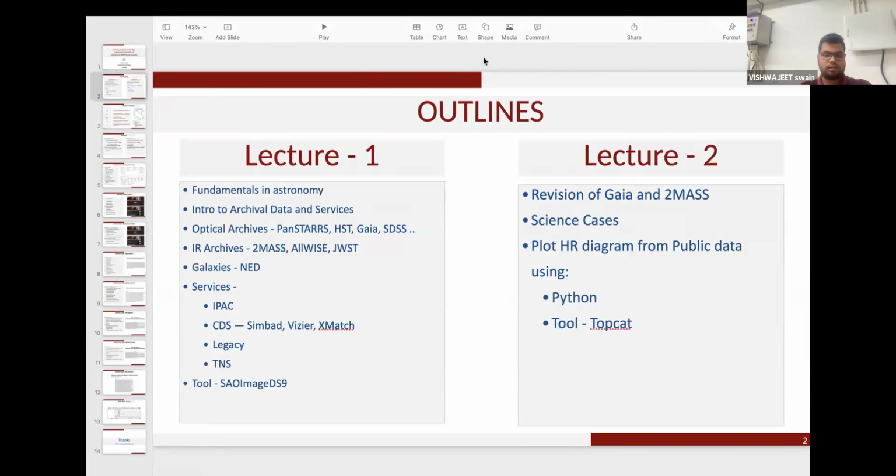According to the outline, today we will try to cover a few of the Gaia and 2MASS catalogs, and then try to make an HR diagram using both the tools and Python. And then we will see a few science cases which can be done only using the archival data, which don't require telescopes.